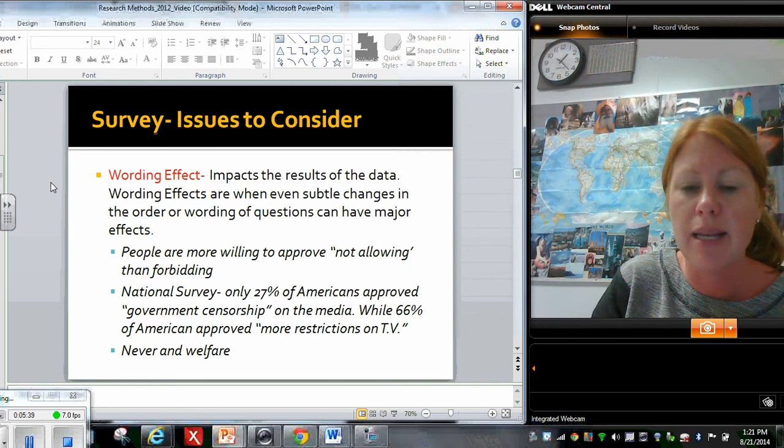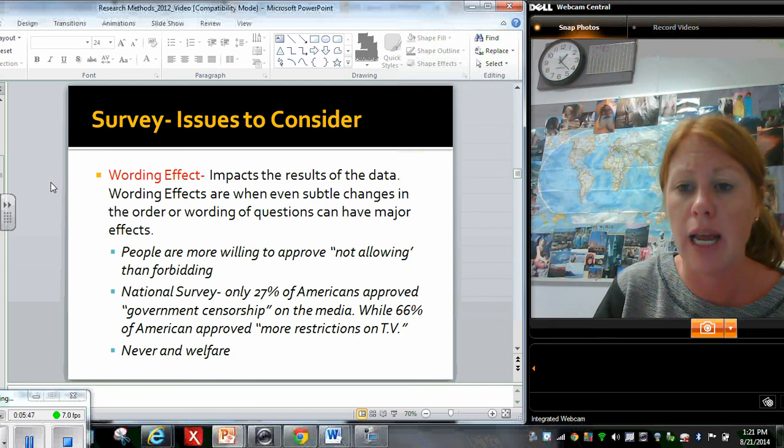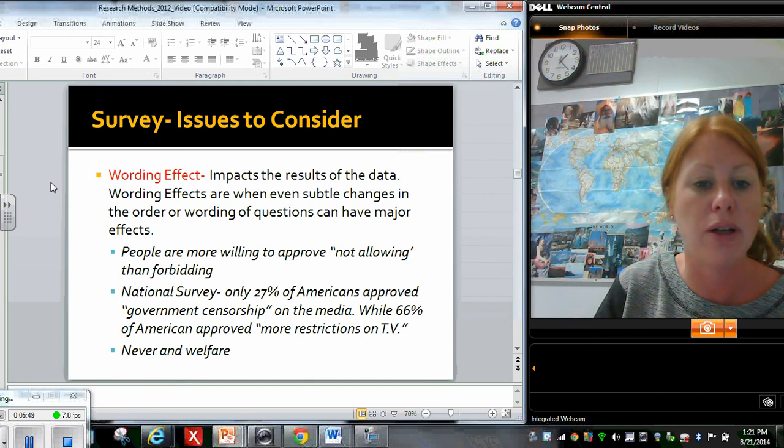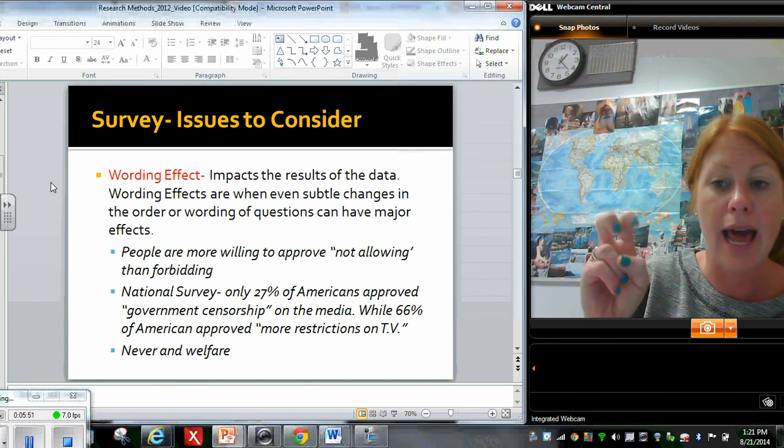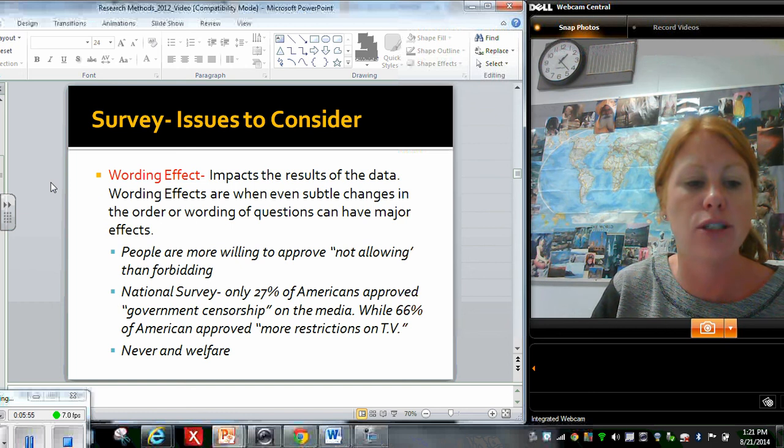So some terms to keep in mind when you're looking at surveys is the wording effect. Sometimes the way it is worded, people can get confused and that can skew the data. People are more willing to approve things that say "not allowing" than "forbidden." Okay, so a national survey was done.